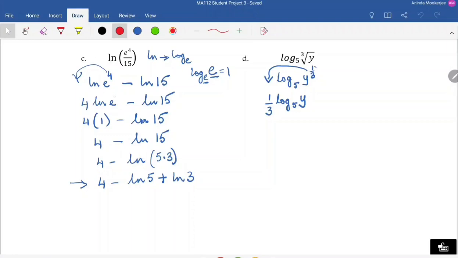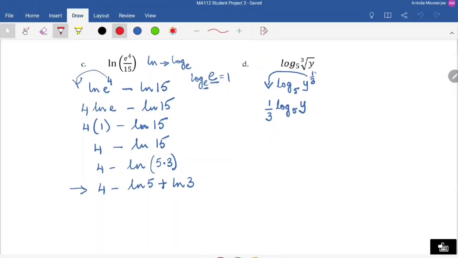Now I just want to say one more thing about this part C. When we wrote it as 4 minus ln of 15, in this step here, that was fine. However, when we split it up further and write it as 2 terms, the second term, when we split it up further using the product rule, it's very important that we surround this with brackets, all right?